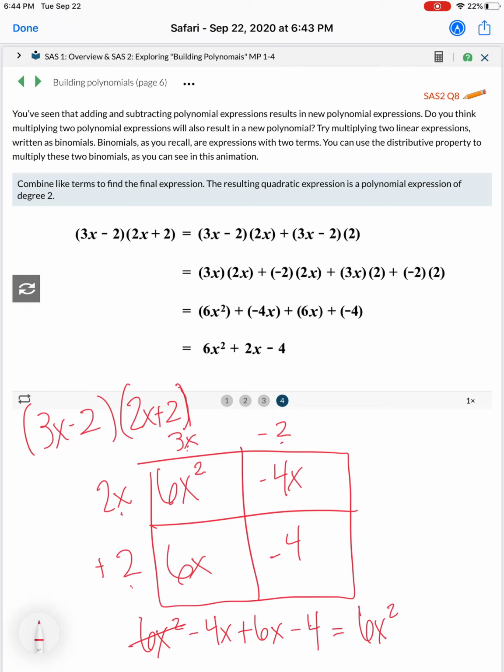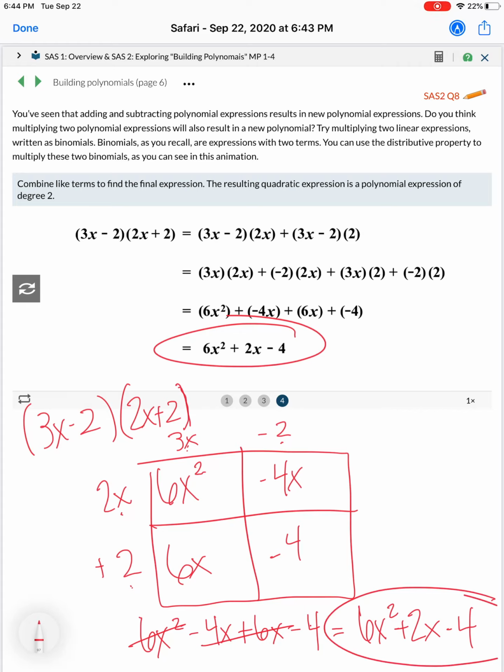I've used it. Now, I can combine negative 4 and positive 6, which gives me a positive 2x, and then my constant is a negative 4. Their answer and my answer is the same. Either approach you take is totally fine.